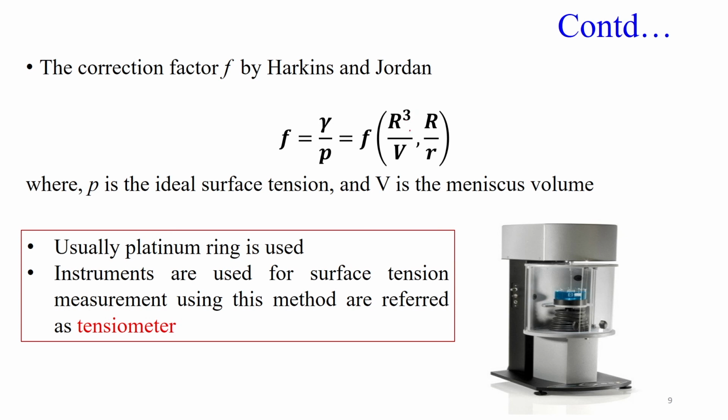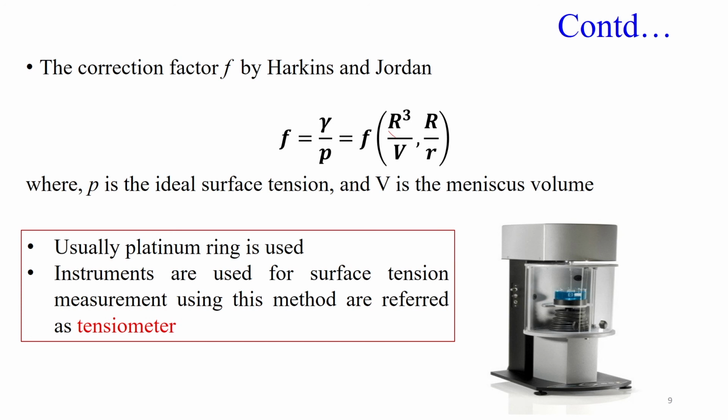So, the volume function will be R cubed upon V and R upon r. Here R is the radius of the ring, small r is the thickness of the ring, and V is the meniscus volume, and accordingly you have to take the R cube value, because at the meniscus this is the particular contact.